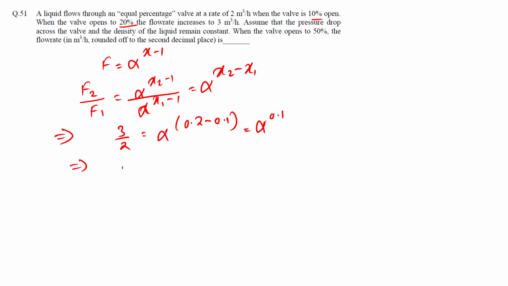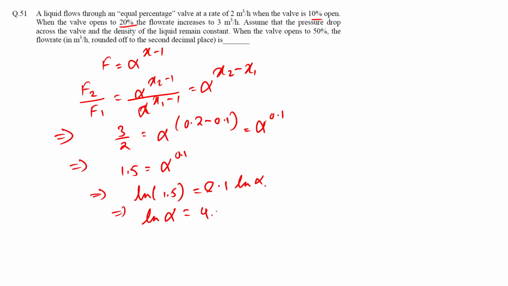So we will be having 1.5 is equal to alpha raised to 0.1. That will give us ln of 1.5 is equal to 0.1 times ln of alpha. So from here we will find the value of alpha, ln of alpha is ln of 1.5 upon 0.1. So that will be 4.05.